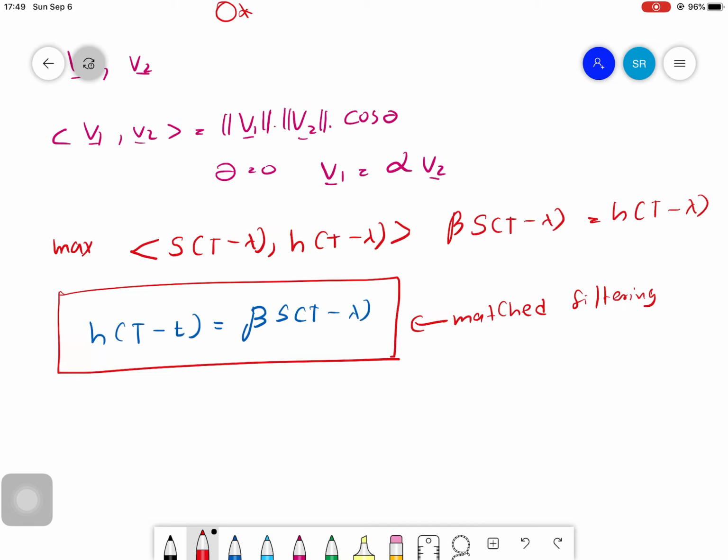It means if we want to decode a signal using an impulse response of a linear time invariant system, our impulse response should be matched to our data signal. In that case, we can maximize the energy of our signal in our decoded signal.